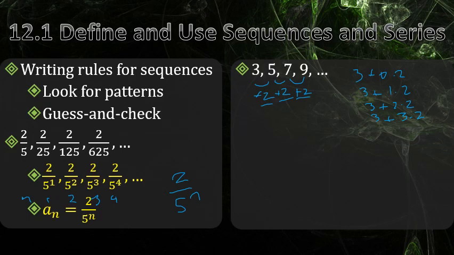So to get the first one, the only thing changing is this part in the middle, the 0, 1, 2, 3. And if I go 1, 2, 3, 4, first term, second term, third, fourth, that's 1 less than the value of n.